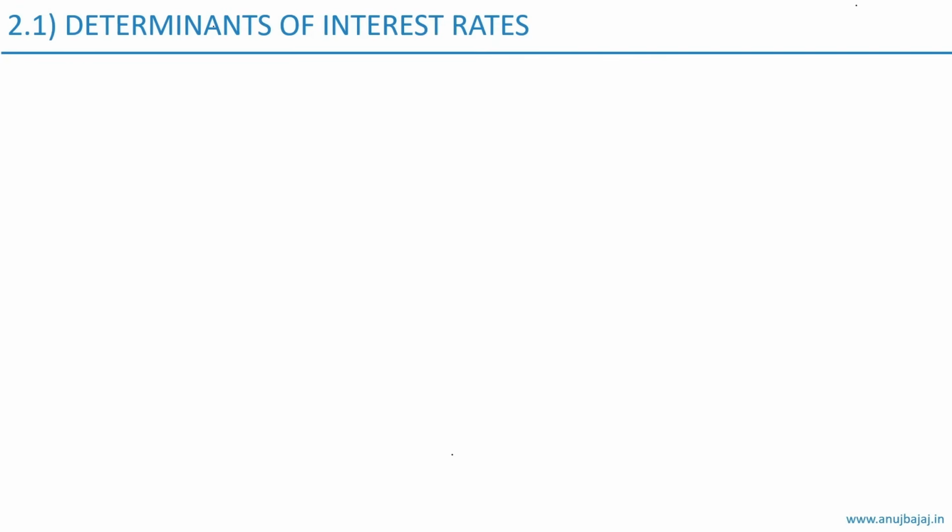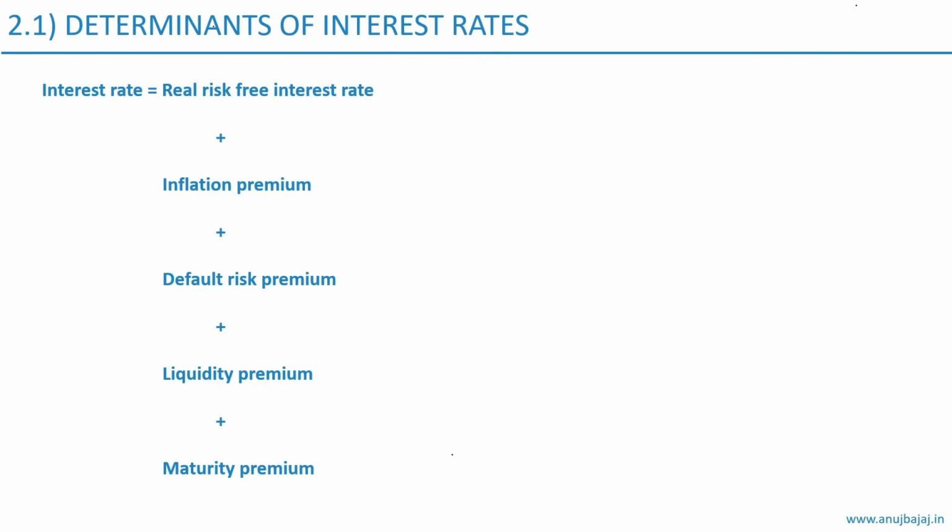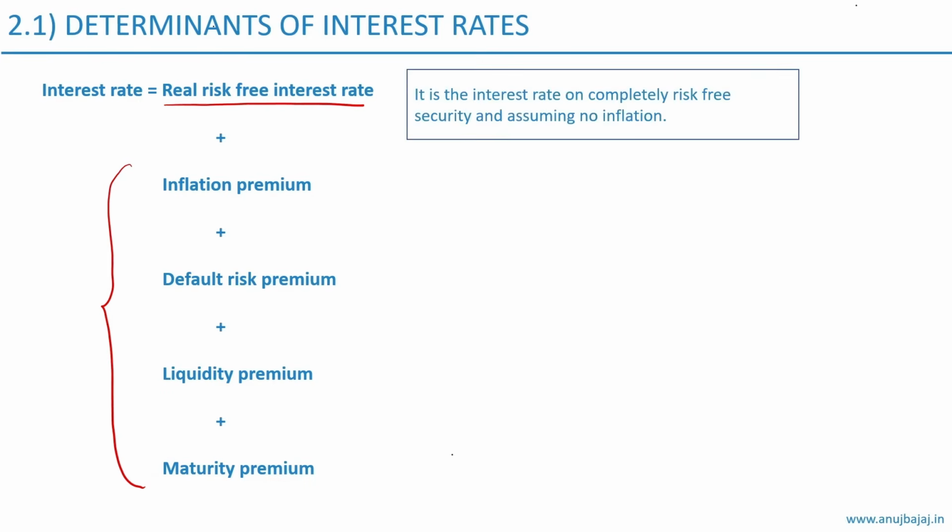Now let us look at various determinants of interest rate. Interest rates are composed of various components, starting with the real risk-free interest rate and various premiums to compensate for different types of risk. Real risk-free interest rate is the interest rate on a completely risk-free security and assuming no inflation.